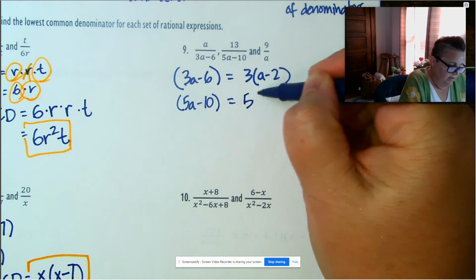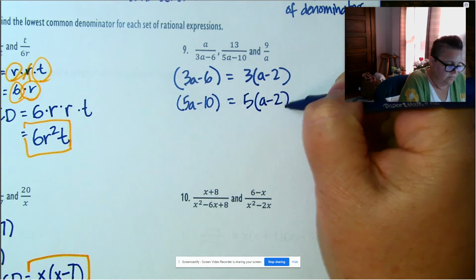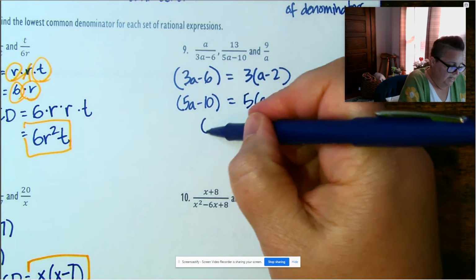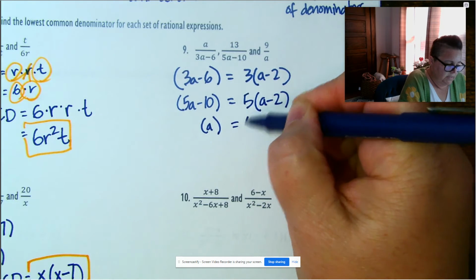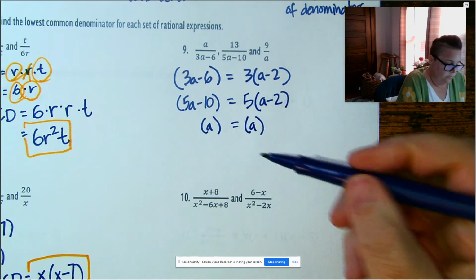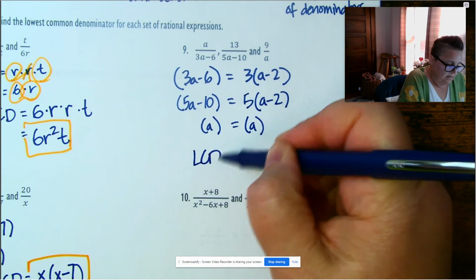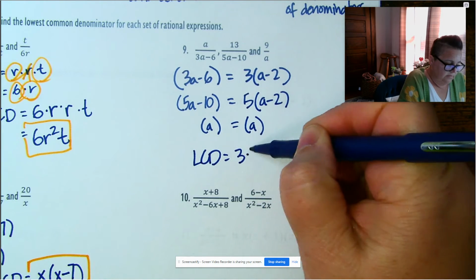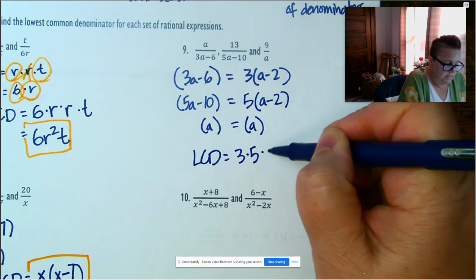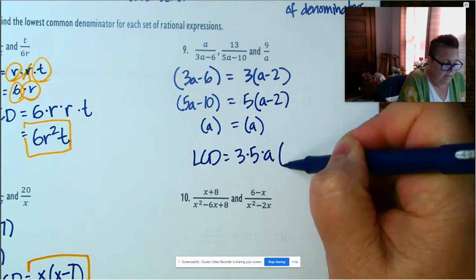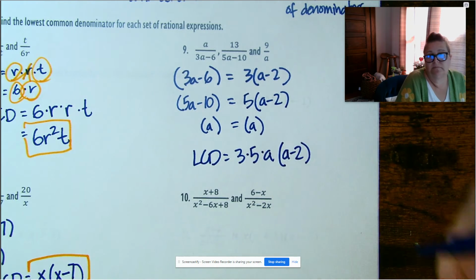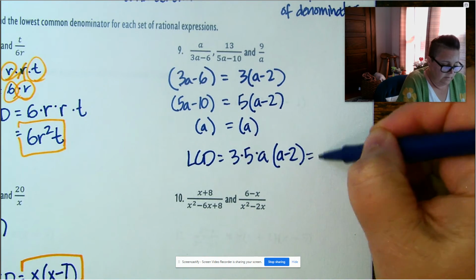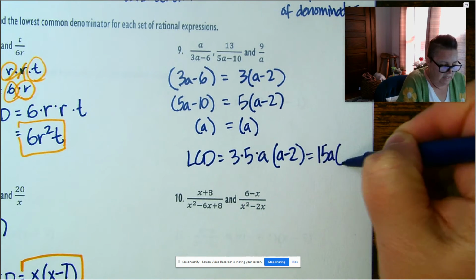I can take a 5 out, and I'm left with a minus 2. That a is just going to be an a. So when I build my LCD, I need the 3, I need the 5, I need the a, and I need the a minus 2. This gives me an LCD of 15a times a minus 2.